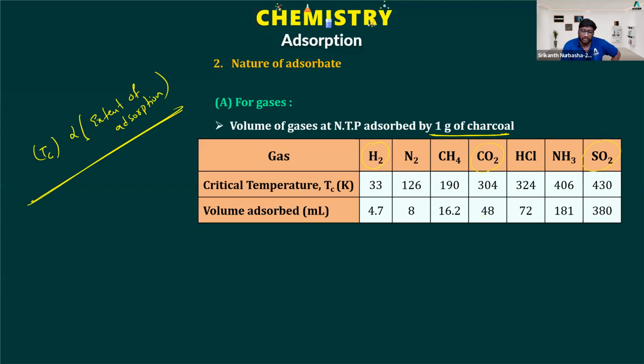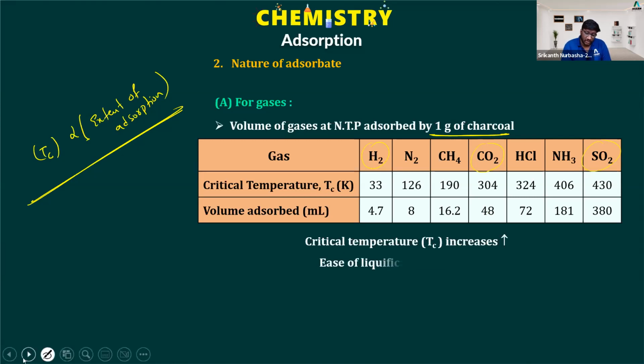CO2 is also non-polar, but more adsorption when compared to H2. Whenever different types of gas are given to you, you have to compare whether the gases are polar or non-polar from their structures. When the critical temperatures are given to you, directly you can compare. Critical temperature increases, ease of liquefaction increases.